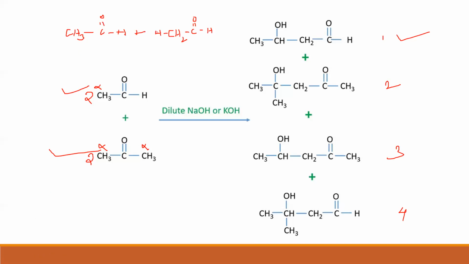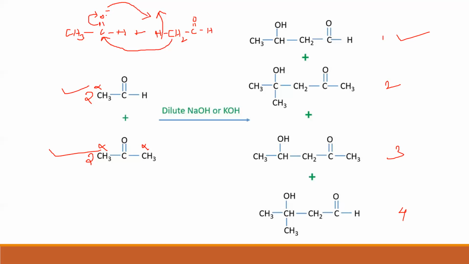If I have 2 moles of acetaldehyde reacting, if hydrogen is removed from here, clear, this CH2 minus will attack this carbon to form a bond. The moment a bond is formed, valency is not satisfied, so the pi bond breaks and goes on oxygen, and the negative charge that is created will take away the abstracted hydrogen.